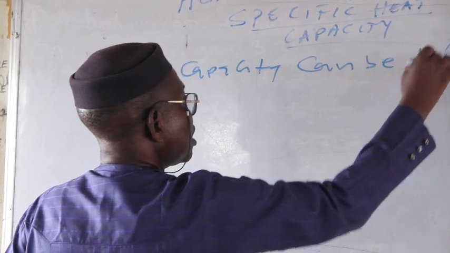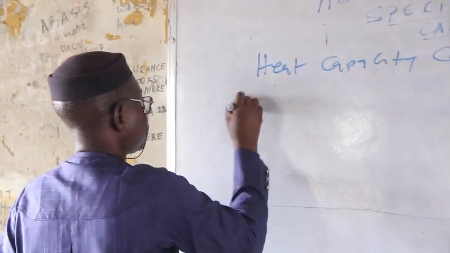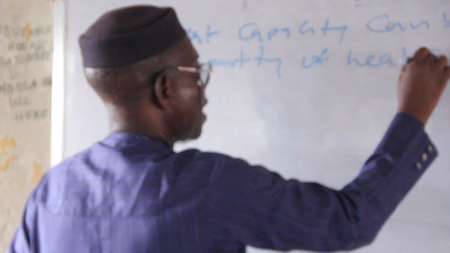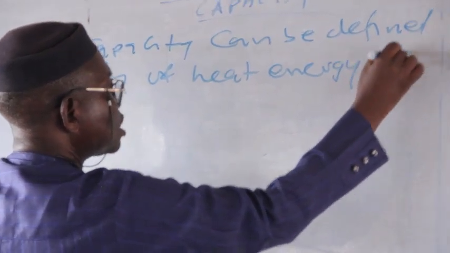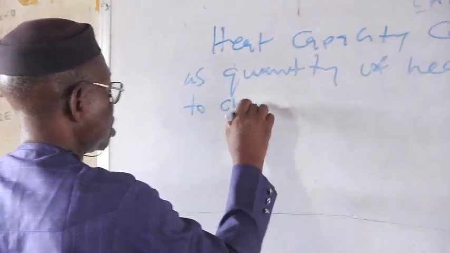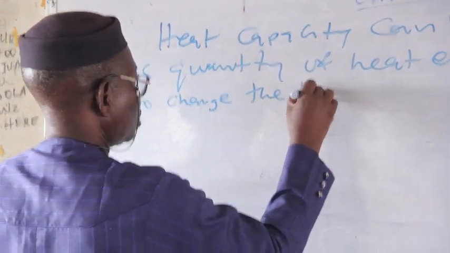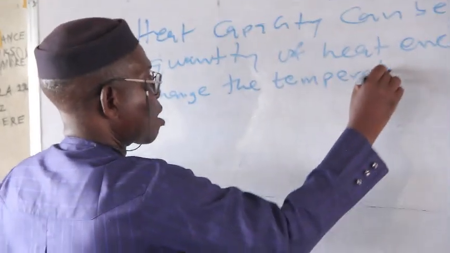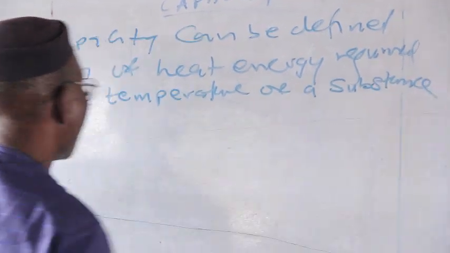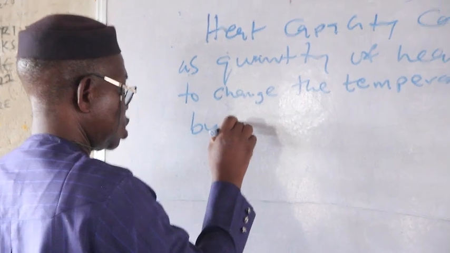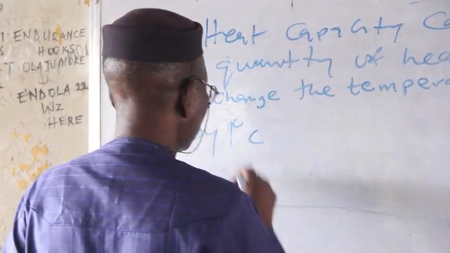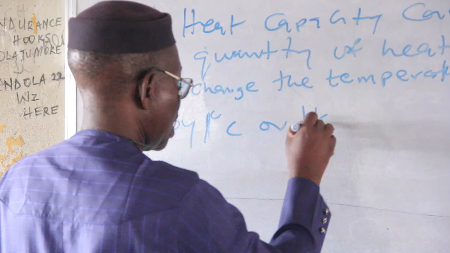Heat capacity can be defined as the quantity of heat energy required to change the temperature of a substance by 1 degree Celsius or 1 Kelvin.